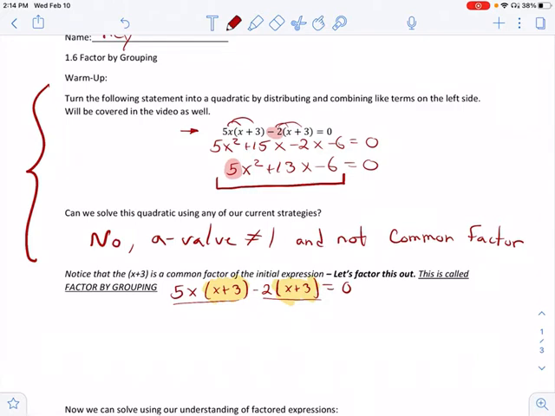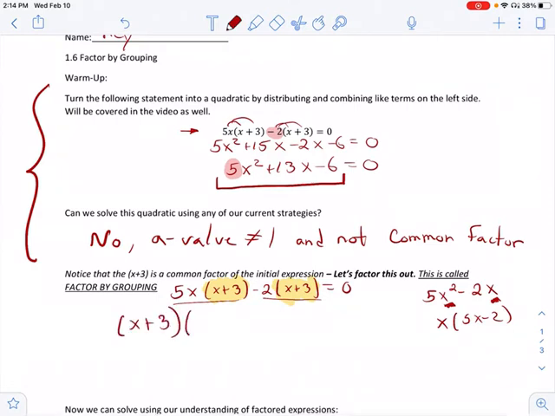Similar to something like 5x squared minus 10x, or even an easier one, minus 2x, where I can say x is common between those two, so I can pull an x out. That's the same thing we're going to do on the left, except instead of just taking an x out, we're going to drag out the entirety of this x plus 3.